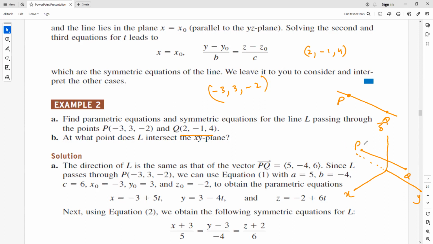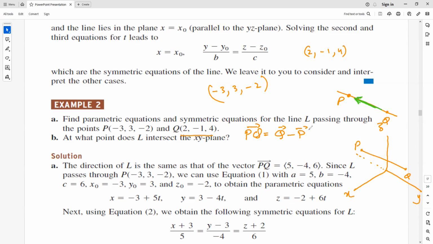All right, now we need to find a parallel vector. What we can do here is find PQ, which is nothing but Q minus P, and this will give a vector that is on the given line, right? So it is collinear to this line, and therefore it's also parallel to this line.